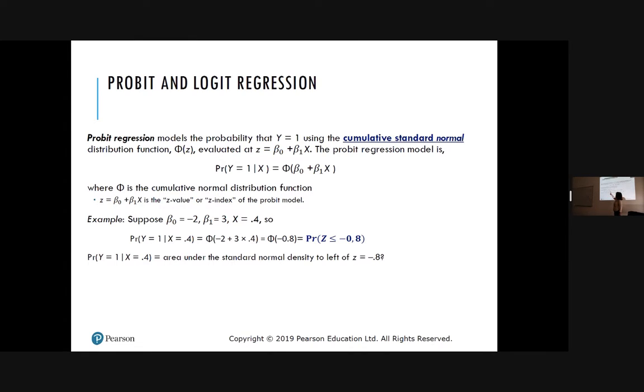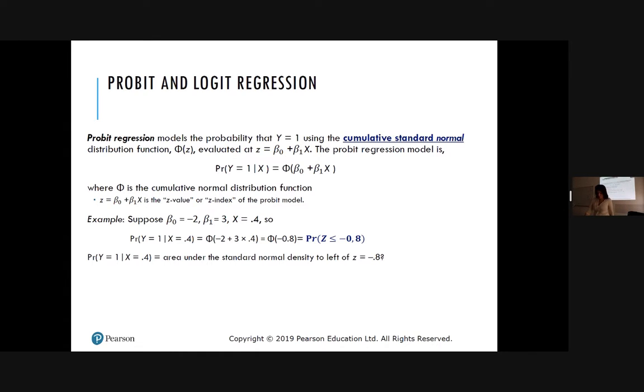We just replace in our linear model beta 0, beta 1, and x, and then we compute the cumulative distribution function using the standard normal distribution at this specific value, which is equal to minus 0.8. So this is basically the probability that this random variable z is below minus 0.8.